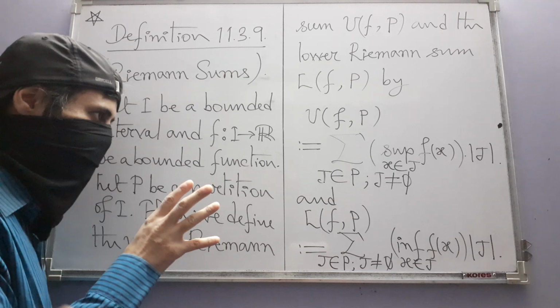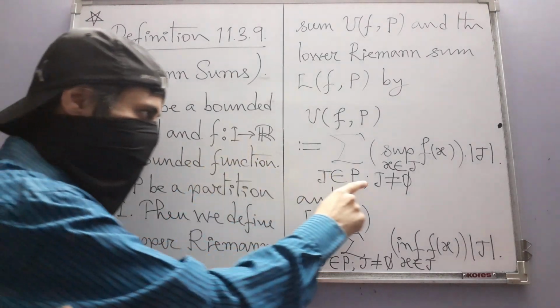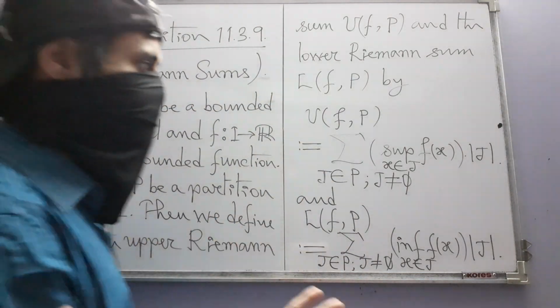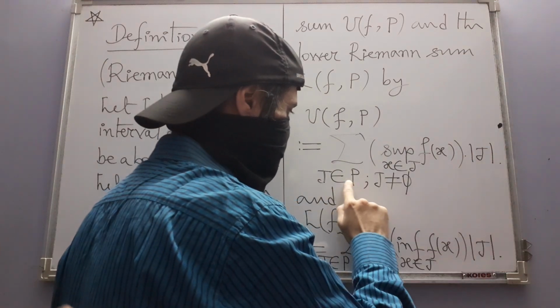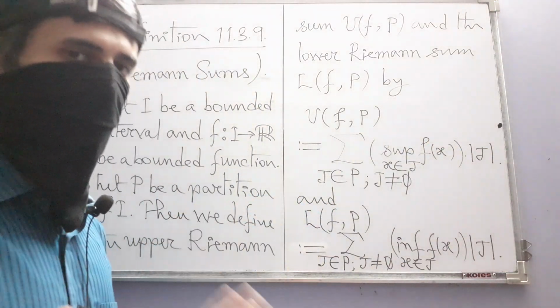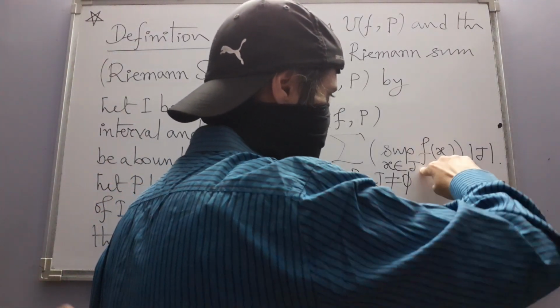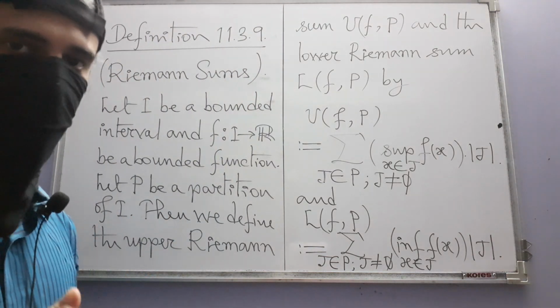So it's not actually enough to simply have a bounded function, but we also have to take care of this. Okay, so now at least we know that in each term like this, for each j in P where j is non-empty, this supremum is a real number. And we are looking at the product of that real number and the length of j. And length of j is of course another real number.